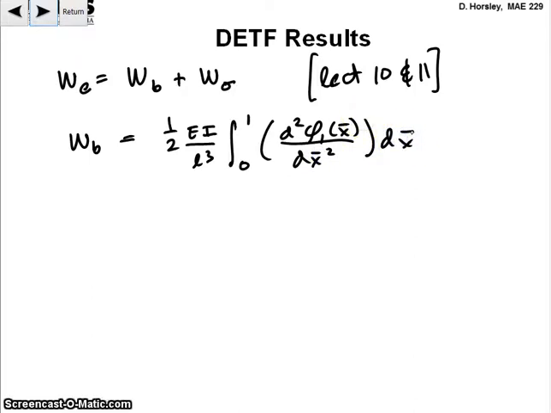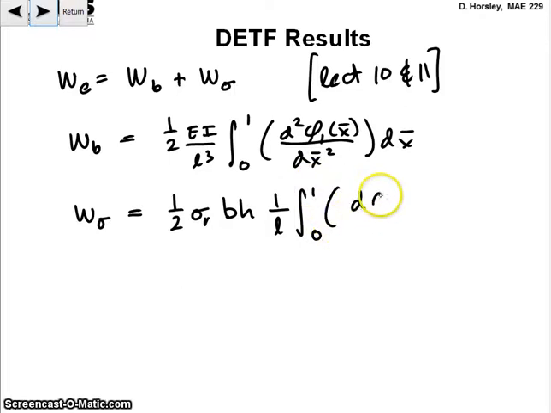And the residual stress integral W sigma is equal to 1/2 sigma R times B times H times 1 over L, because we're dealing with normalized functions, integral from 0 to 1 of d phi1 over dx bar, squared, dx bar. Okay, so this is the residual stress. This is due to bending.